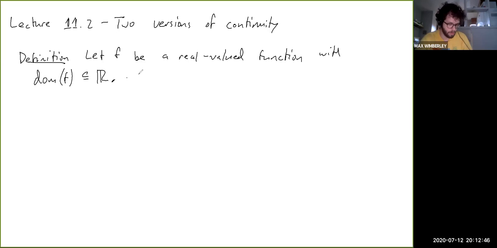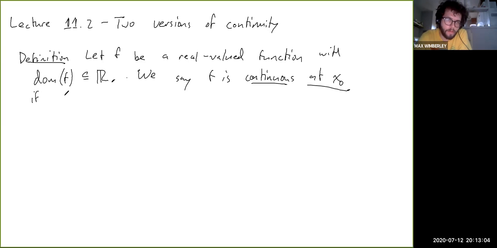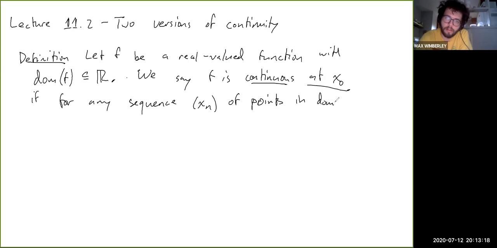so we say f is continuous at x naught if for any sequence xn of points in the domain of f such that xn converges to x naught, we have that the limit of f of xn is f of x naught.